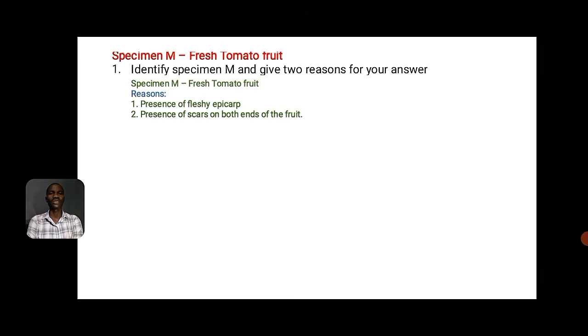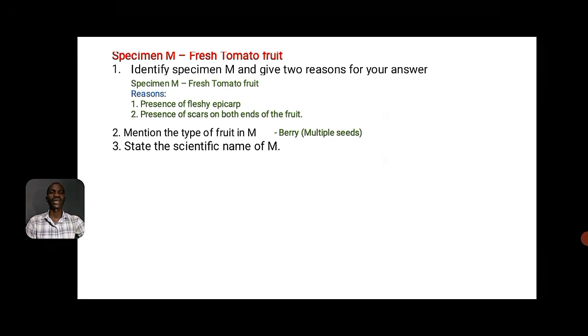So that is why every fruit has two scars. Number 2, mention the type of specimen M. Type of fruit is berry. Why is that? Because it has multiple seeds.